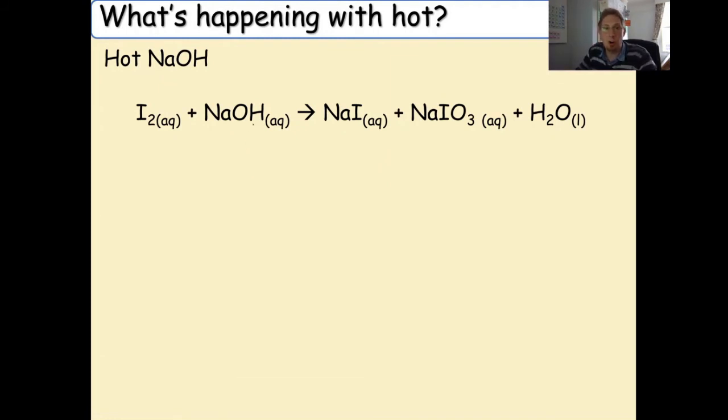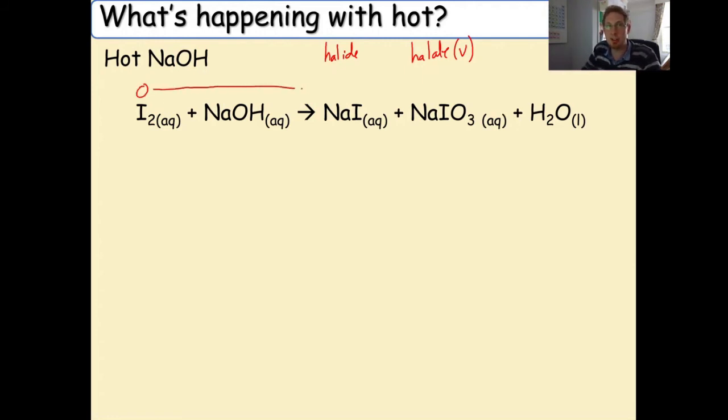With hot sodium hydroxide, you have a very similar reaction. You form the halide, but you also form the halate(V). And again, this is knowledge that many students haven't bothered to learn properly yet. When it comes to balancing this equation, it's fairly straightforward. Again, this is probably easier to do using redox.